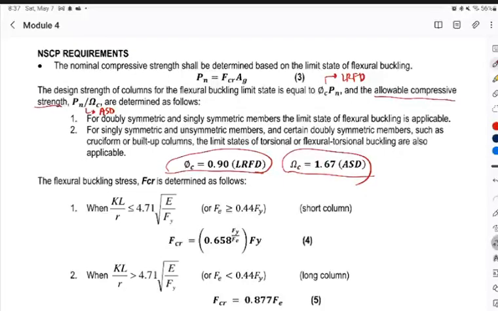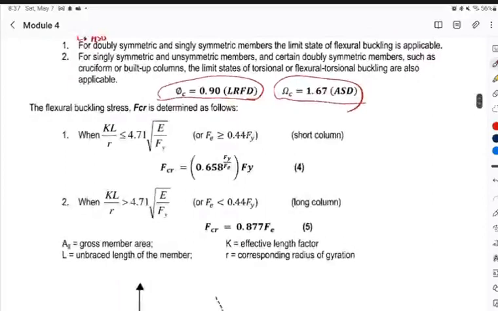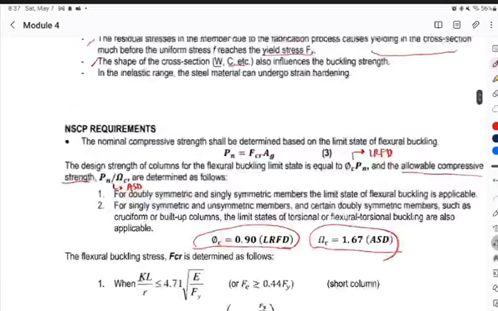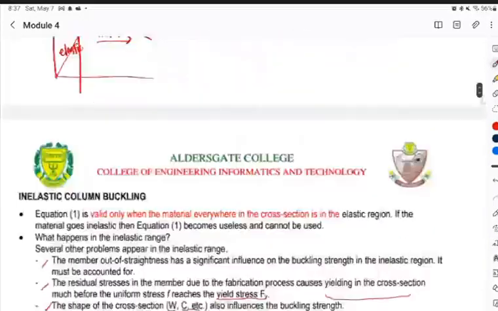So the flexural buckling stress, FCR, is determined as follows. This is how we compute for FCR. KL over R, that is our slenderness ratio. Paano yun hanapin? K is the factor, the effective length factor.